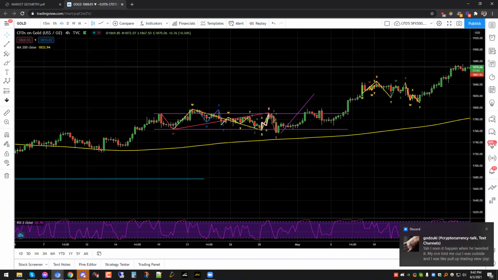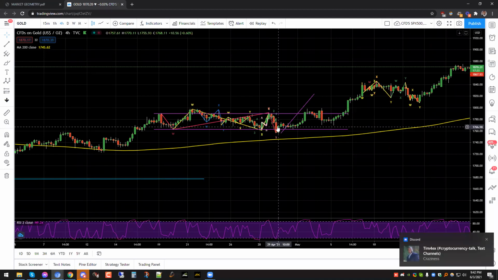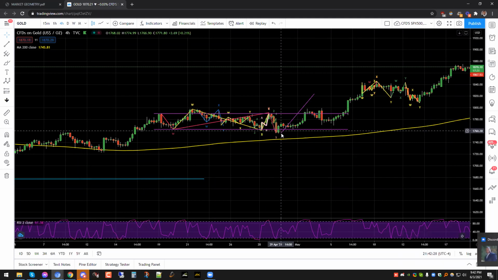Remember, if you understand the different corrective formations, you will know when the corrections should end. And when the corrections come to an end, all you need to look for is a signal that is going to move to the upside. And we will touch on other things that we will look for. For example, one of the things that we look for is a volume bar.